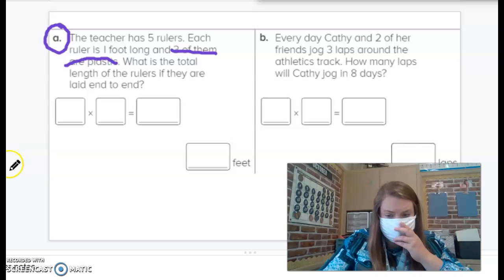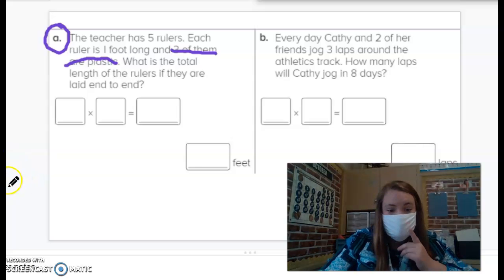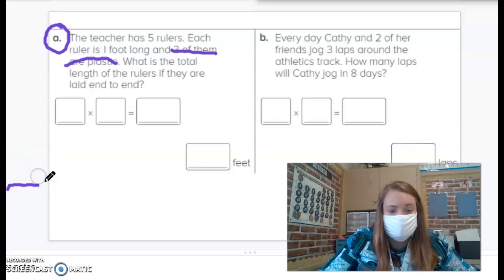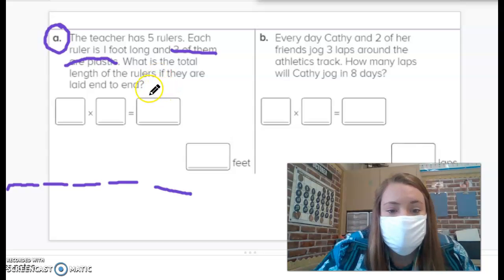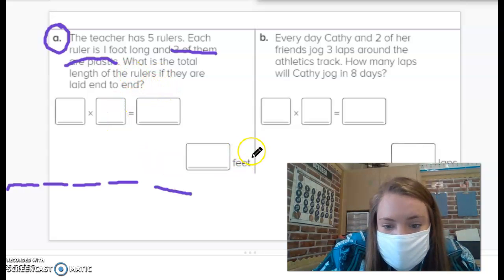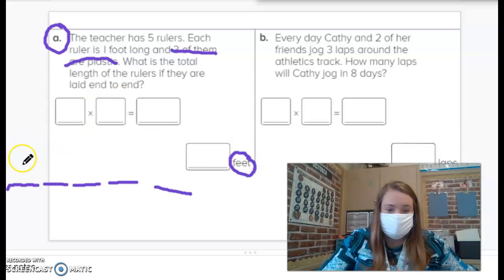So I can make my 5 rulers. 1, 2, 3, 4, 5, and they're each 1 foot long. So if we are going to look at feet, we're just going to keep them as feet. So 1, 1, 1, 1, 1.